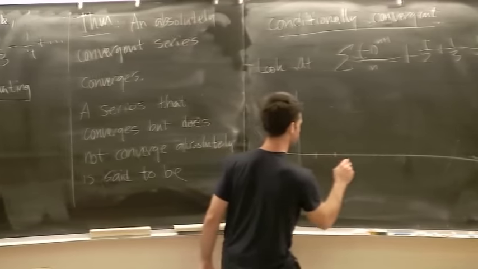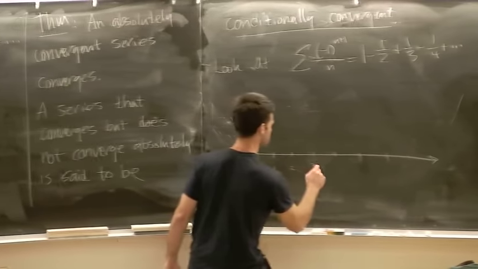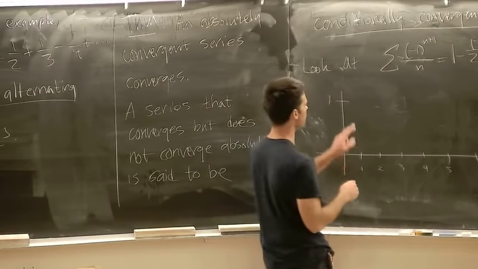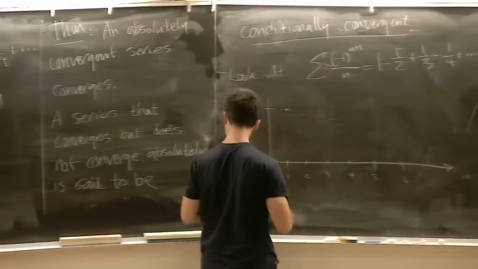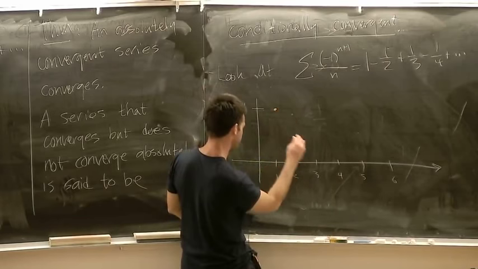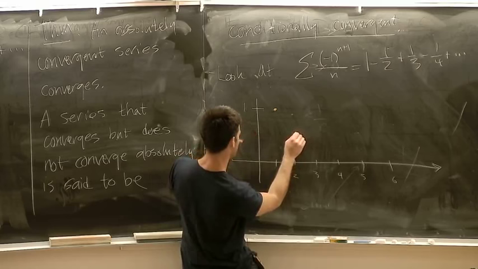So 1, 2, 3. And let's say this is up at 1. So at 1, it's equal to 1. Now, 1 minus 1/2 is 1/2. So that brings us back down to about there.